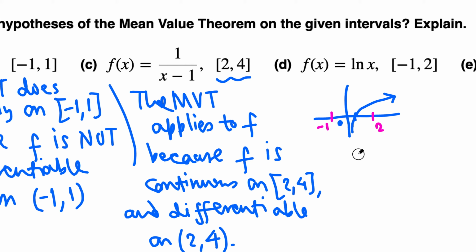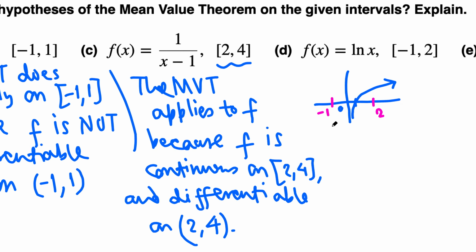So the natural log of 0 is undefined, by the way. And 0 is inside. So clearly this function is not even defined. That means the function is not continuous here. Okay, so we can write no.